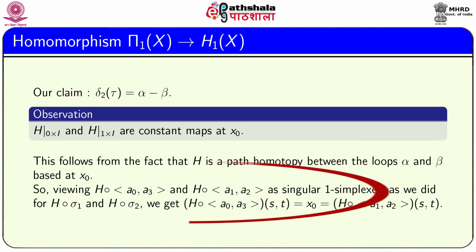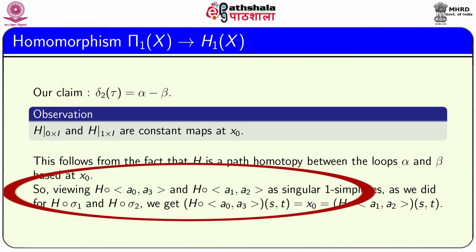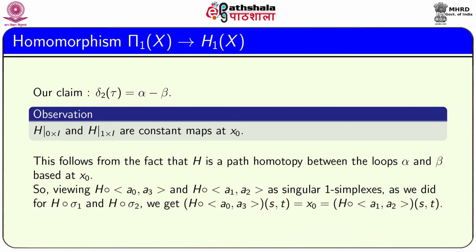So, viewing H composed A0 A3 and H composed A1 A2 as singular 1 simplexes, as we did for H composed sigma 1 and H composed sigma 2, we get that H composed A0 A3 operated on the point ST is equal to x0, and H composed A1 A2 operated on ST is again equal to x0.